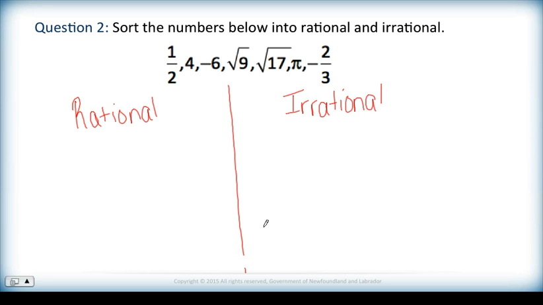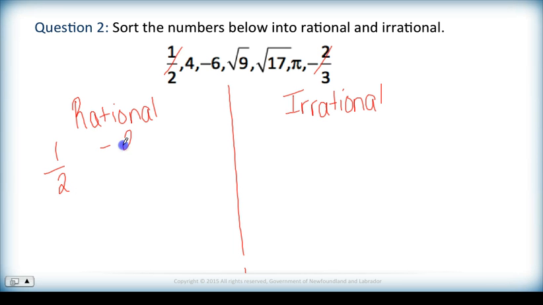So the numbers that we have are 1/2, 4, -6, square root of 9, the square root of 17, pi, and -2/3. So first off, we have two fractions already, so those can be placed under the rational section without any question at all.